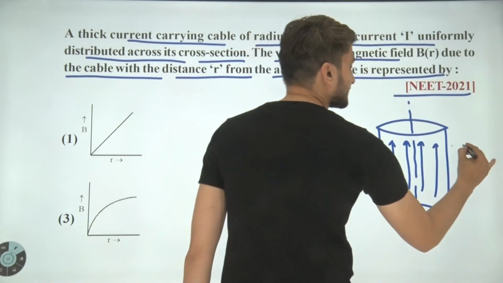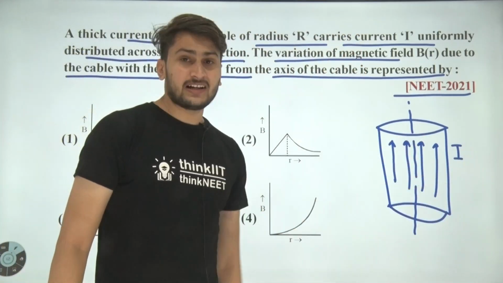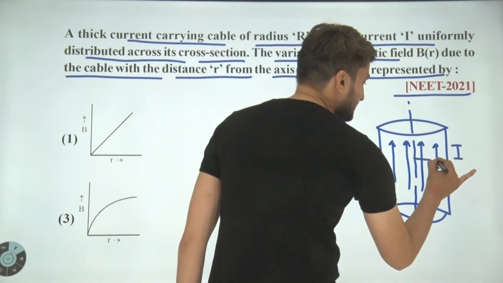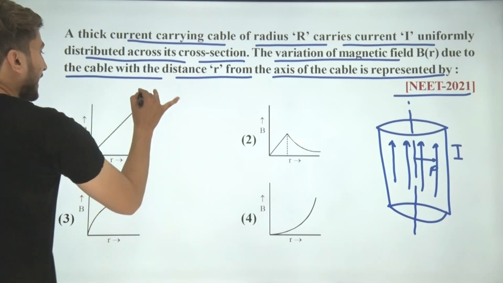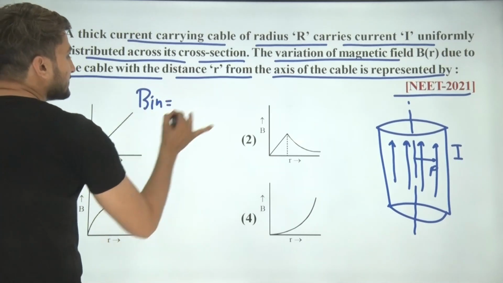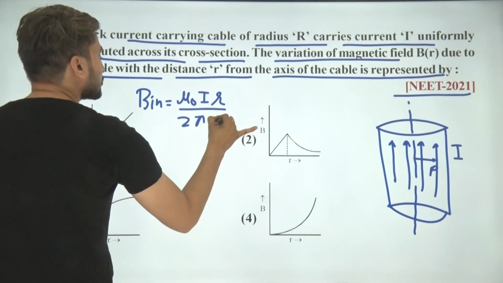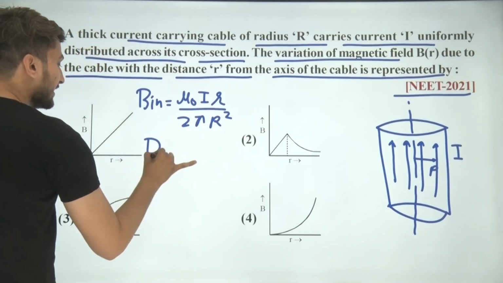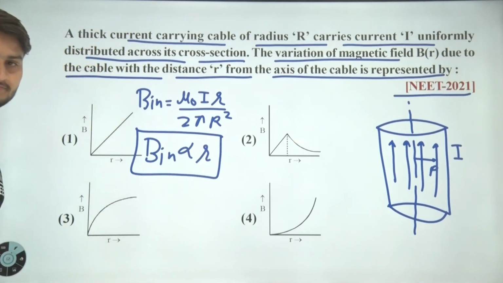Now for the magnetic field at point P inside the wire, the field is mu naught I r upon 2 pi R square. That means inside, the magnetic field is directly proportional to the distance r.